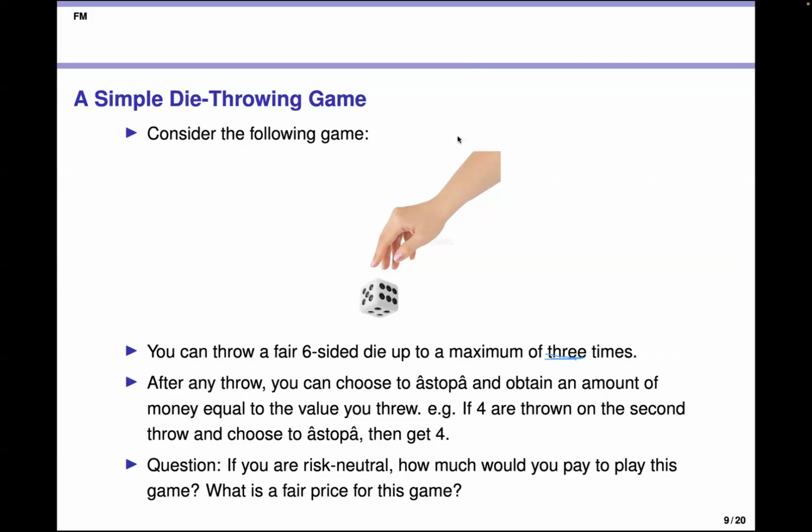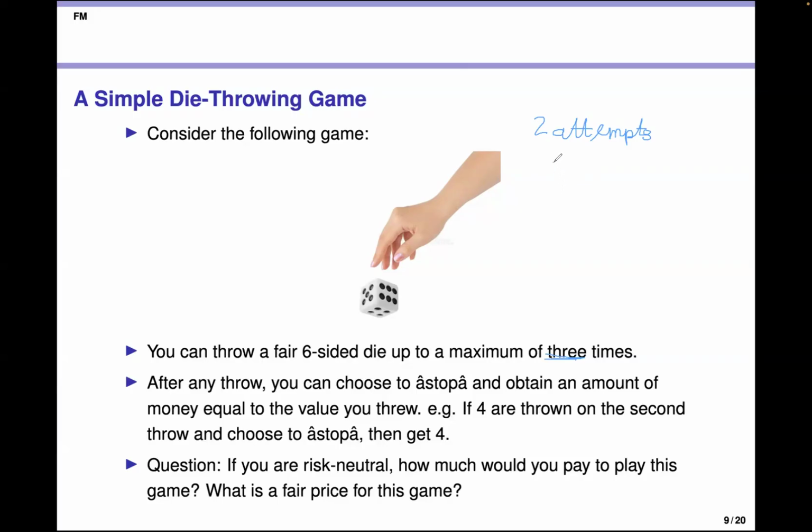We start from the last attempt. If we have, for example, two attempts, the last attempt, what is the mathematical expectation for the last attempt?